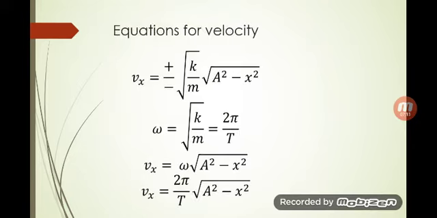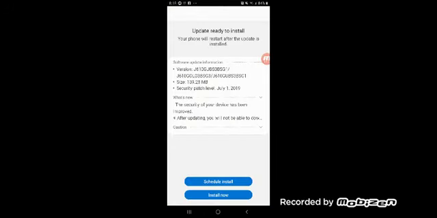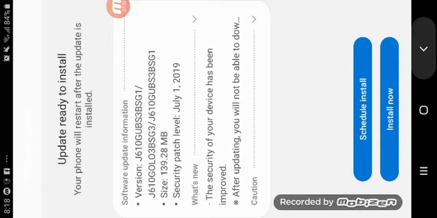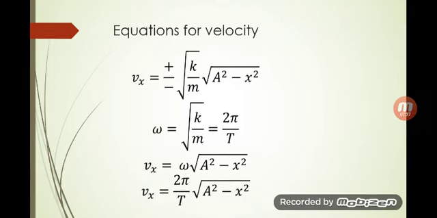Now, important equations: v of x equals plus or minus the square root of k over m, multiplied by the square root of A squared minus x squared. Now, the square root of k over m is actually just the angular velocity. We don't have the spring constant and we don't have the mass, but we do have the period. Just divide 2 pi by the period and you'll get angular velocity.